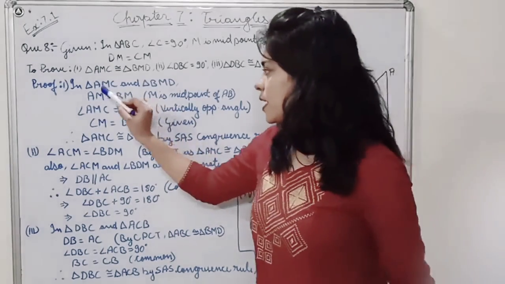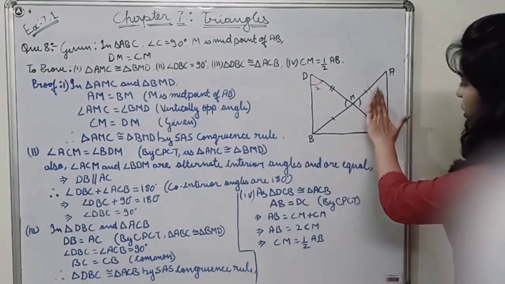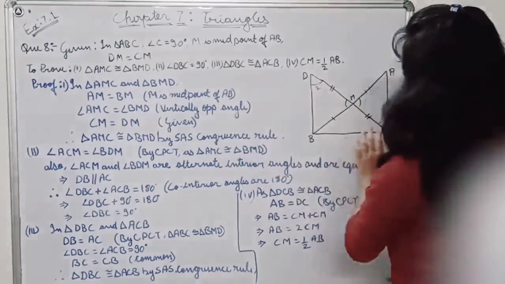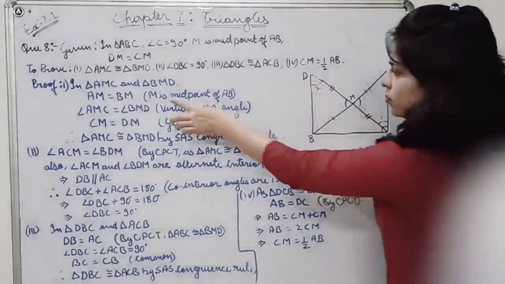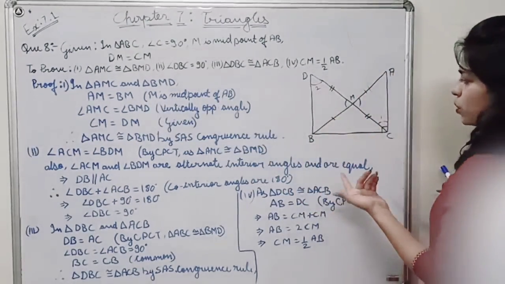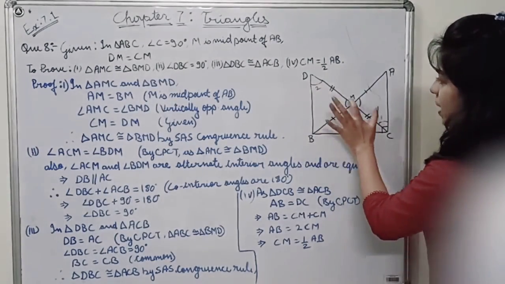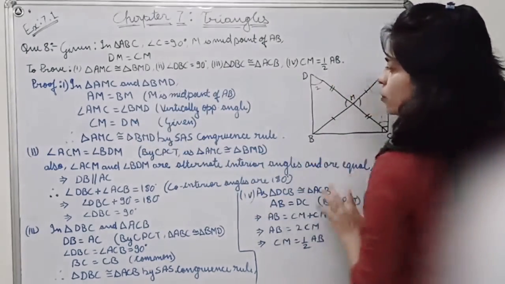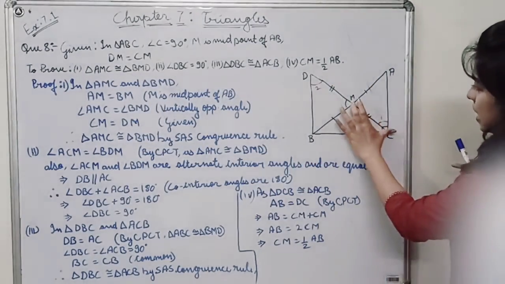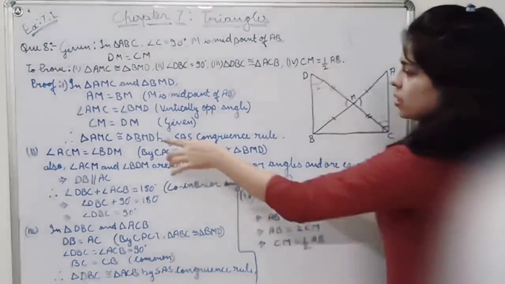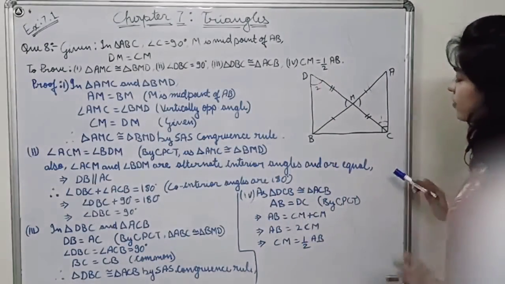Okay, now see in triangles AMC and BMD. AM is equal to BM because M was the midpoint of AB, it is given to us, and angle AMC is equal to angle BMD by vertically opposite angles, and CM is equal to DM. CM is equal to DM, this is given.